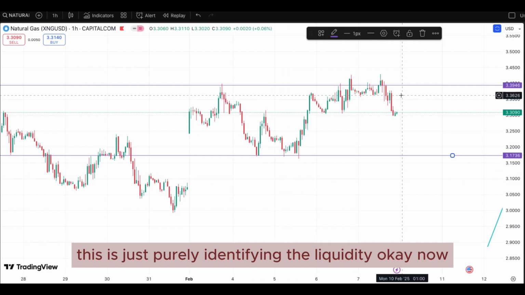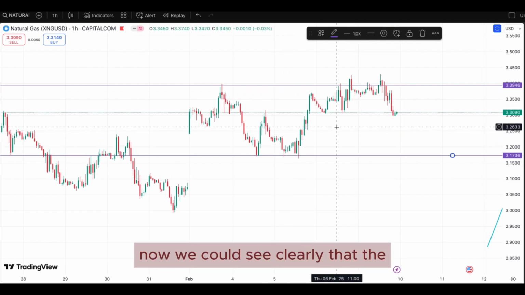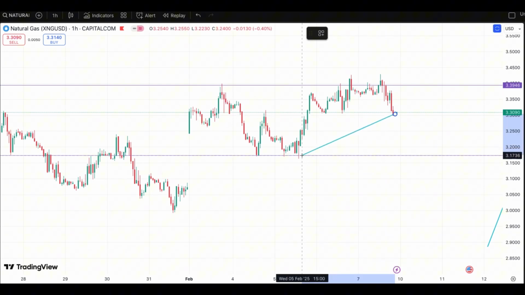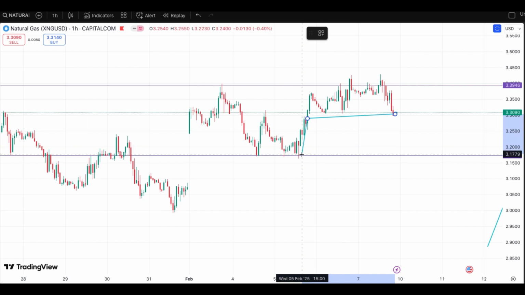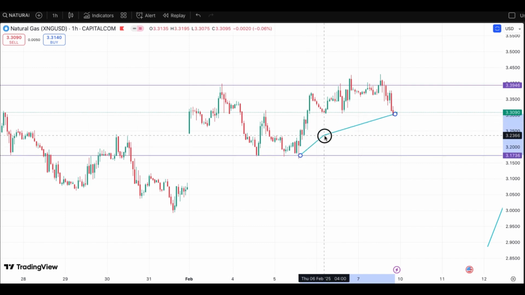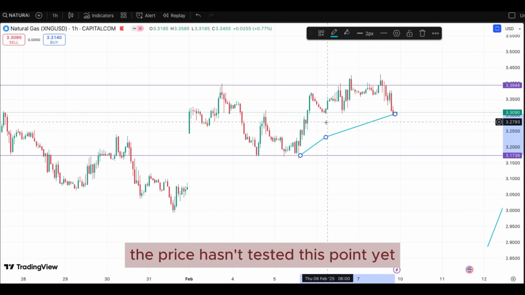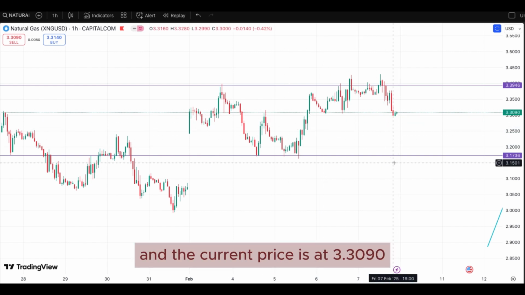Okay. Now, from the current price, we can see clearly that the place the price is yet to test is this point. The price hasn't tested this point yet, and the current price is at 3.3090.